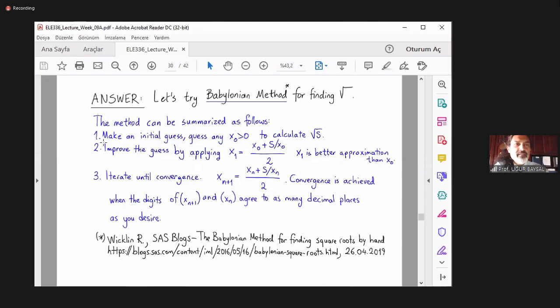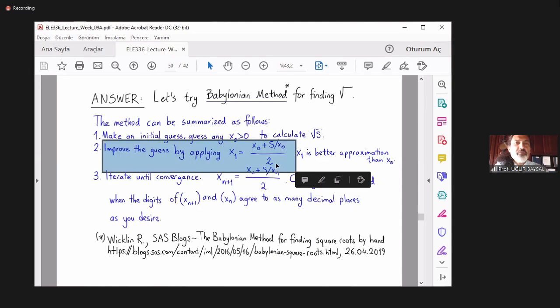Improve the guess by applying this formula. This formula is, this is your guess, and this is the ratio of the given number to your guess, and it's divided by 2. So there's a mathematical addition. Well, first of all, a division and then addition and another division exists, okay? So this gives the second estimate.